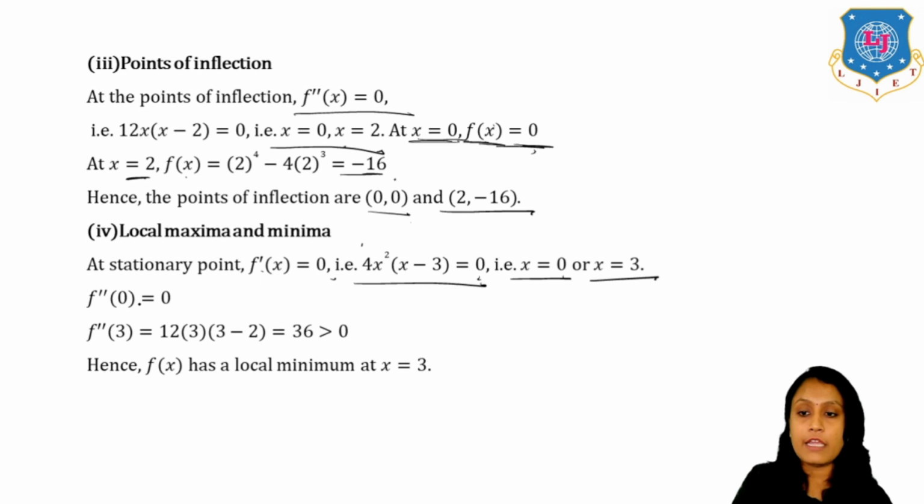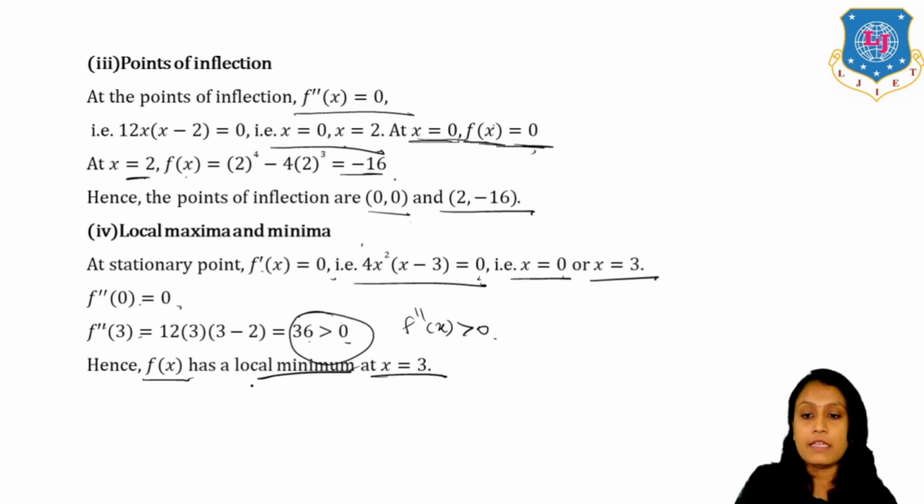Now f''(0) is 0, and f''(3) is 36. So we can say that f(x) has a local minimum at x equal to 3, because here 36 is greater than 0. We have this condition that if f''(x) is greater than 0, then it is a local minimum. So f(x) has the local minimum at x equal to 3.